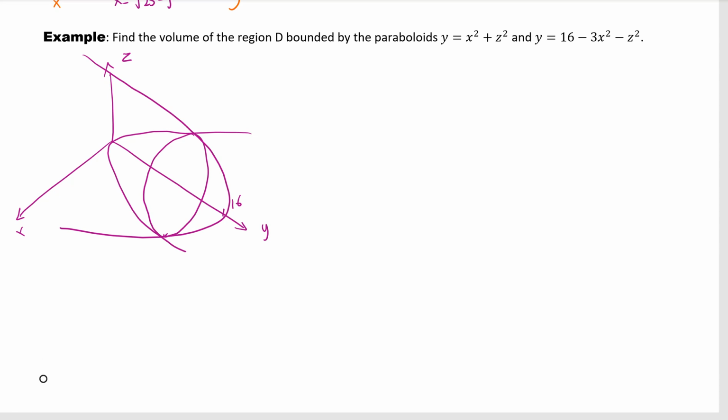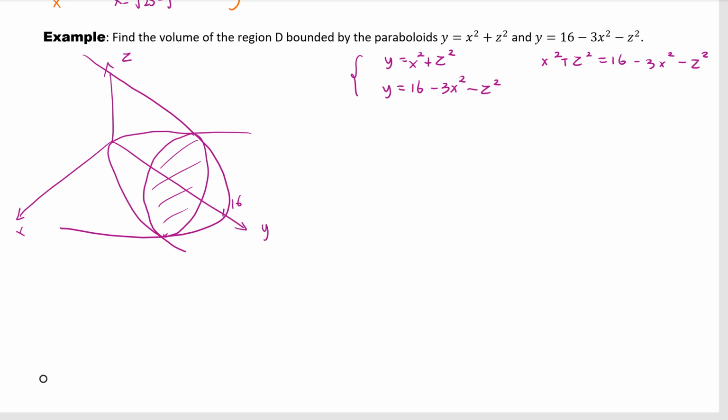Let's see. So how do we find that intersection? We solve the system of equations y equals x squared plus z squared, y equals 16 minus 3x squared minus z squared. So we set them equal: x squared plus z squared equals 16 minus 3x squared minus z squared.